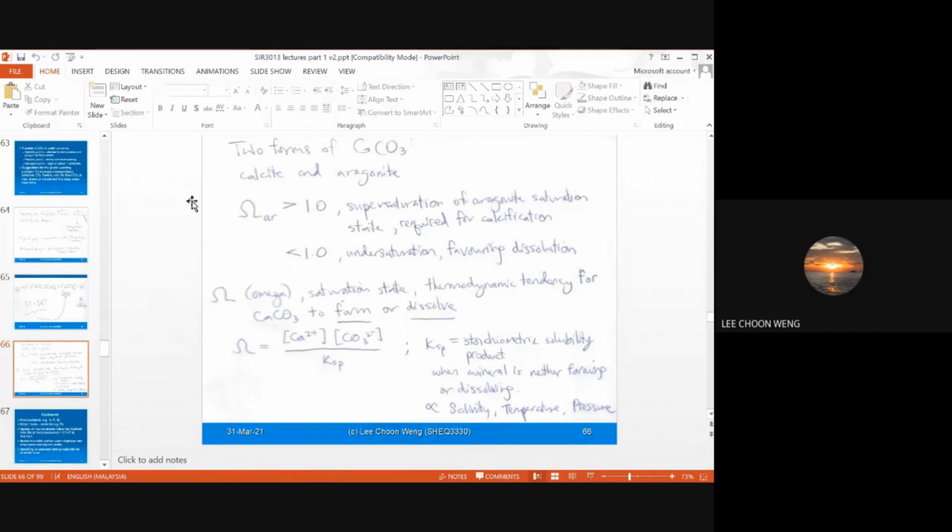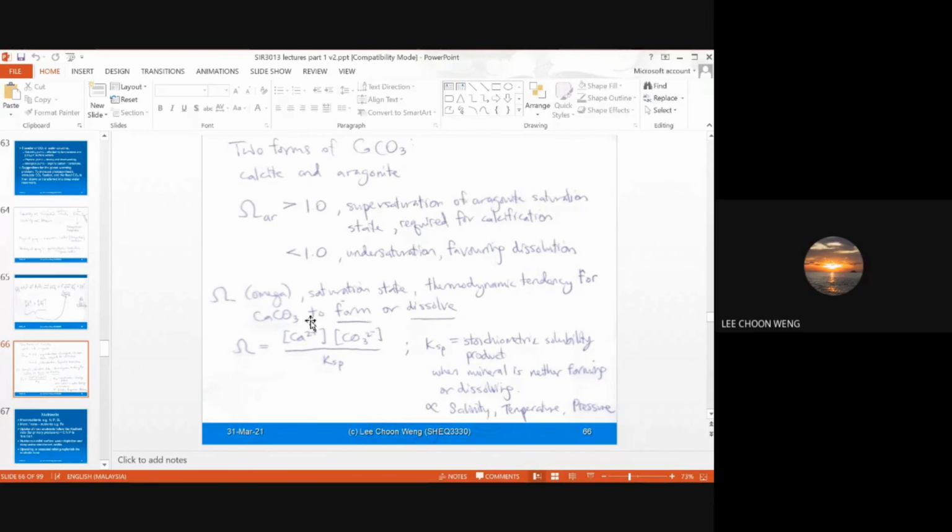So this omega for aragonite, if it's more than 1, it is favorable for calcification. However, if it's less than 1, there's undersaturation, so it favors dissolution.